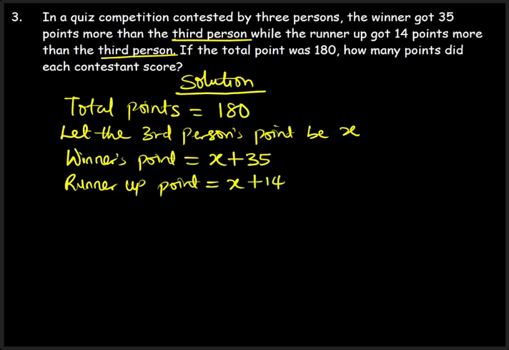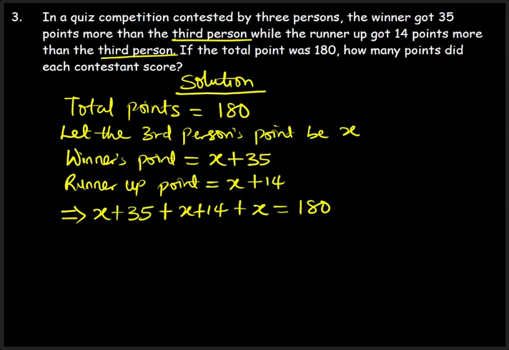If we add the winner's point plus the runner-up's point plus the third person's point, that should give us the total point, which is 180. So x plus 35 being the winner's point, plus x plus 14 being the runner-up's point, plus x, equal to 180.